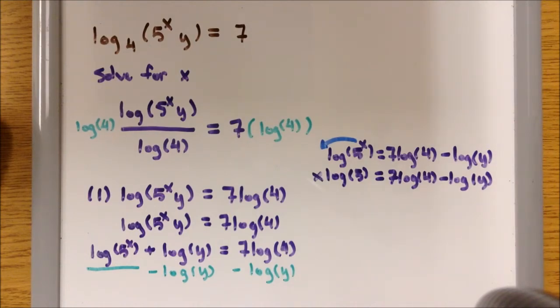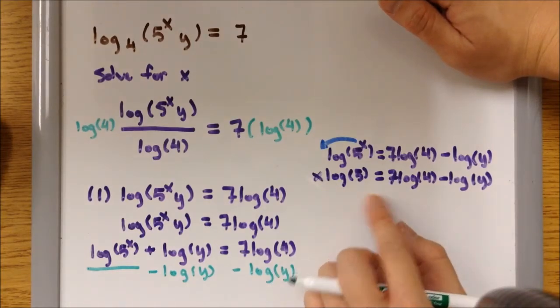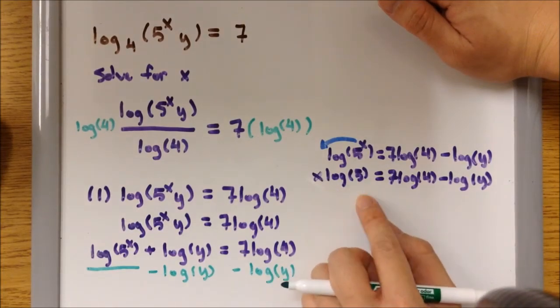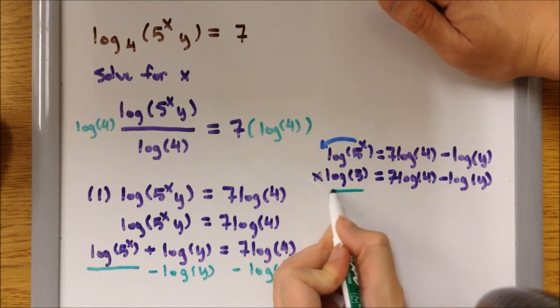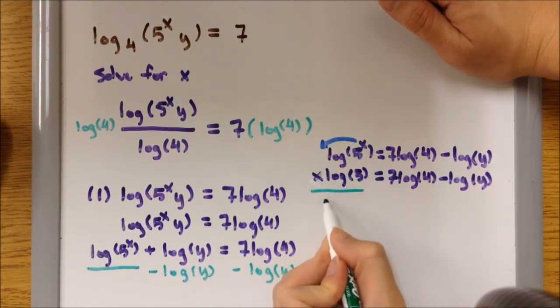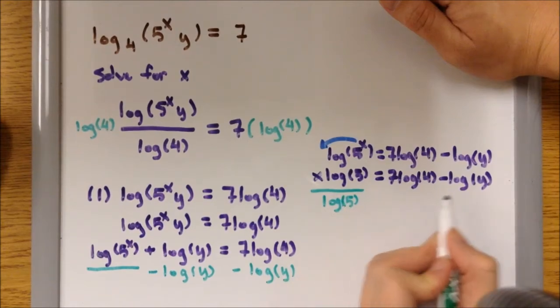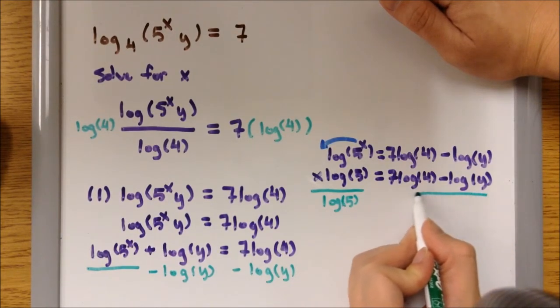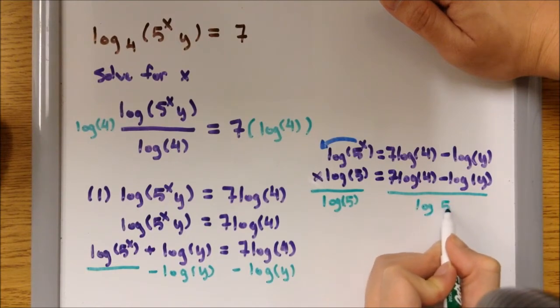Alright, so we're almost done. Since it's x times log of 5, if I want to get rid of log 5, then I'm going to have to divide. Since it's multiplication, I'm going to divide. So divide the left side by log 5, and I'm going to divide the right side by log 5.